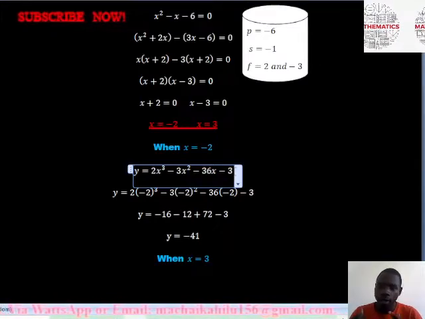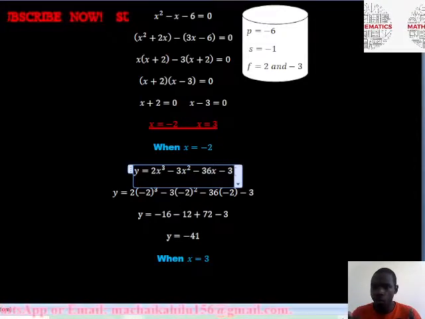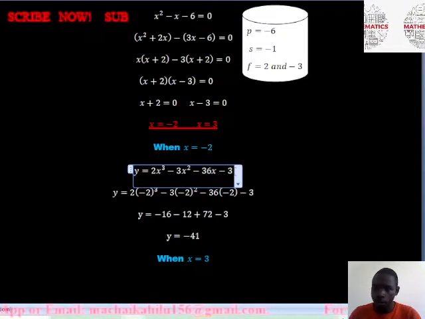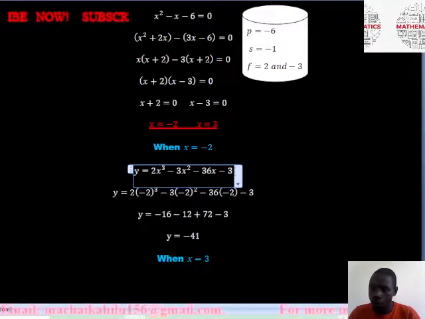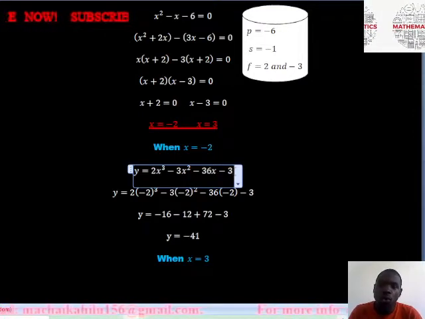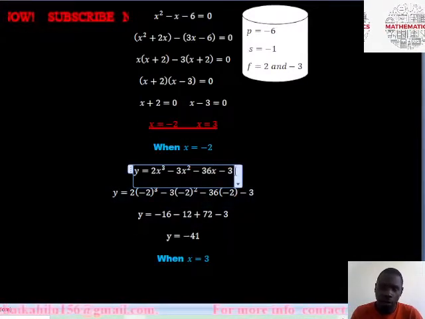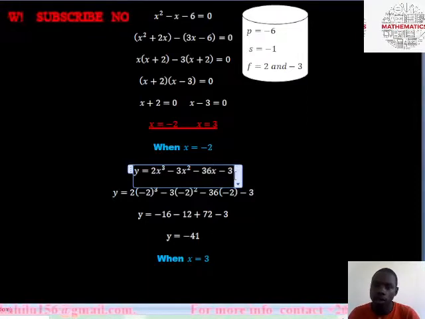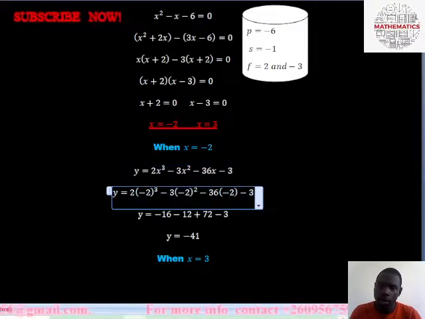By replacing x with its value. The first value is -2. The second value is +3. So we are going to start with the first value, which is -2. Wherever there is x in this function or curve, we are going to replace it with -2. So now when you replace that, it will take us here.